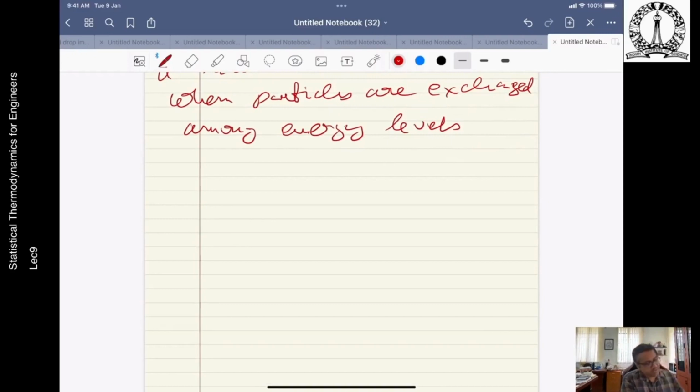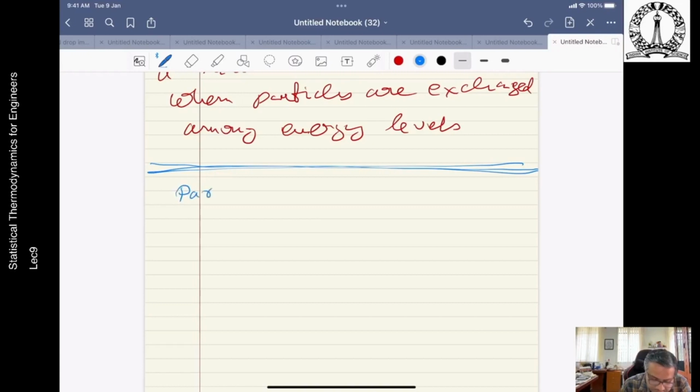Okay. So now that we have seen what the dilute limit looks like and how the fermions and the bosons behave identically in the dilute limit, let us look at a new definition now, which is called the partition function.